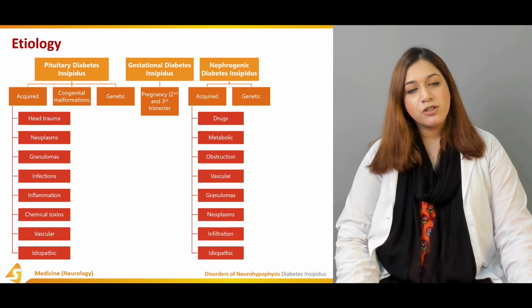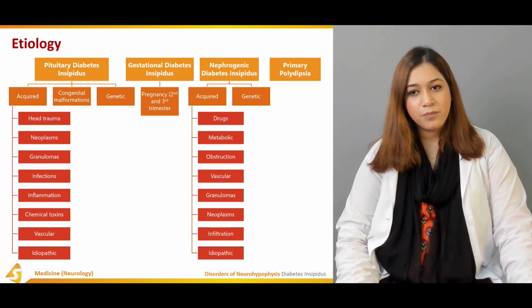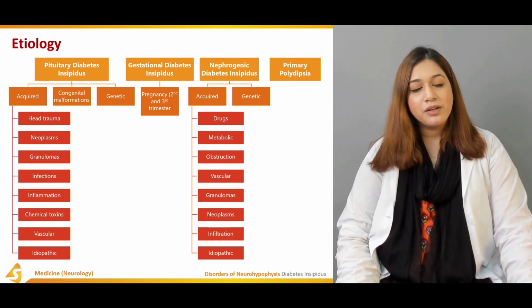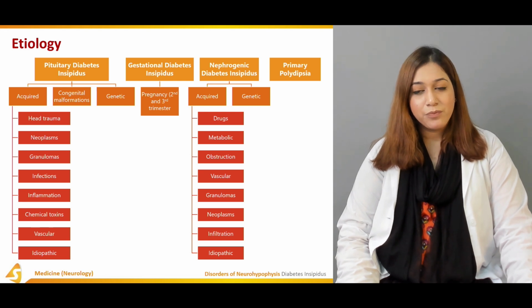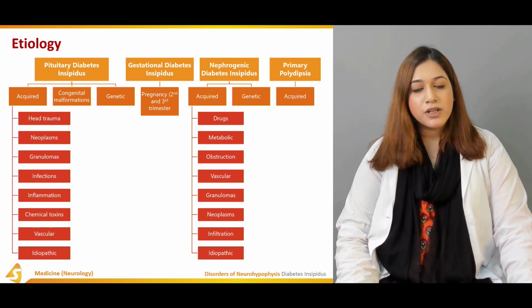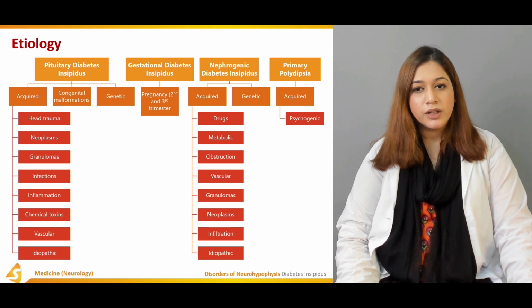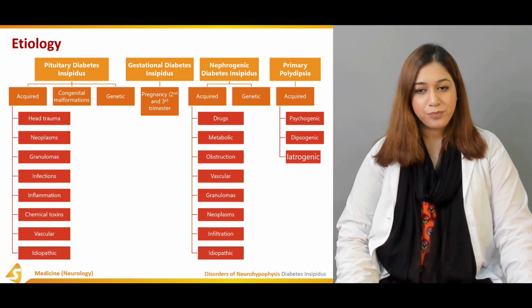Nephrogenic diabetes insipidus also has certain genetic causes. The last variant is primary polydipsia. Primary polydipsia is usually acquired, and it can either be psychogenic, dipsogenic, or iatrogenic.